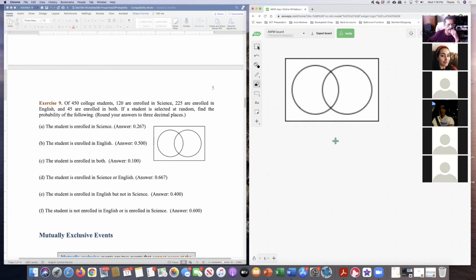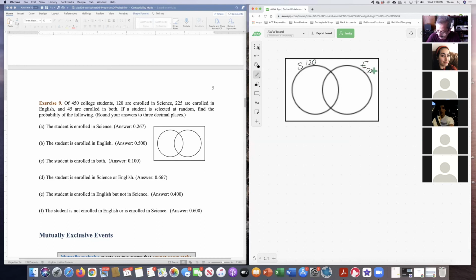Okay, now it says out of 450 college students, 120 enrolled in science, 225 enrolled in English. So we'll put those in there. Science, I'll call it S, and there are 120, and English 225.